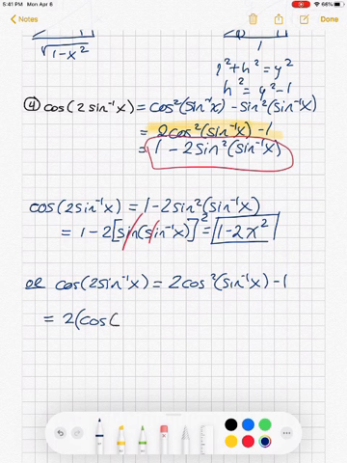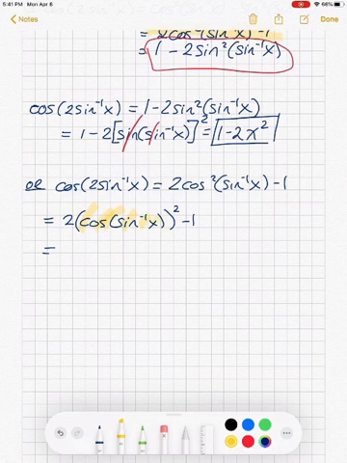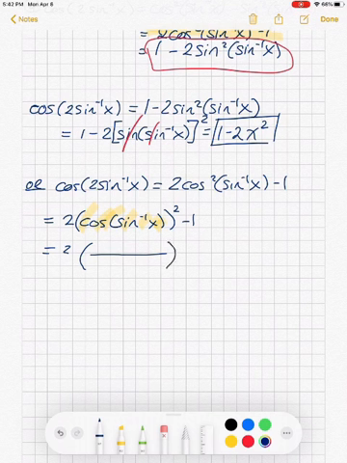So again, I could move the squared outside. Thing is, I have to figure out what the value of this is, right? So for that, I'll have to make a triangle, right?